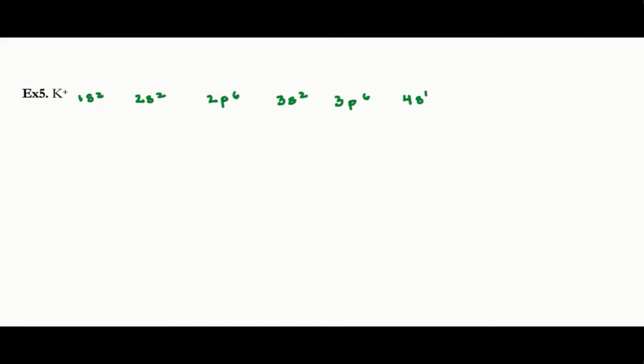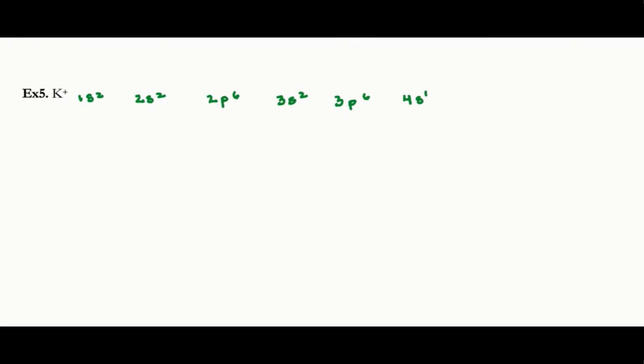Now notice potassium has a +1 charge. So what that means, and remember it's +1 because I don't include a number behind it, it's implied to be a 1 for us. So I have 4s1, so I need to remove an electron from the highest energy level, which is 4s right there.